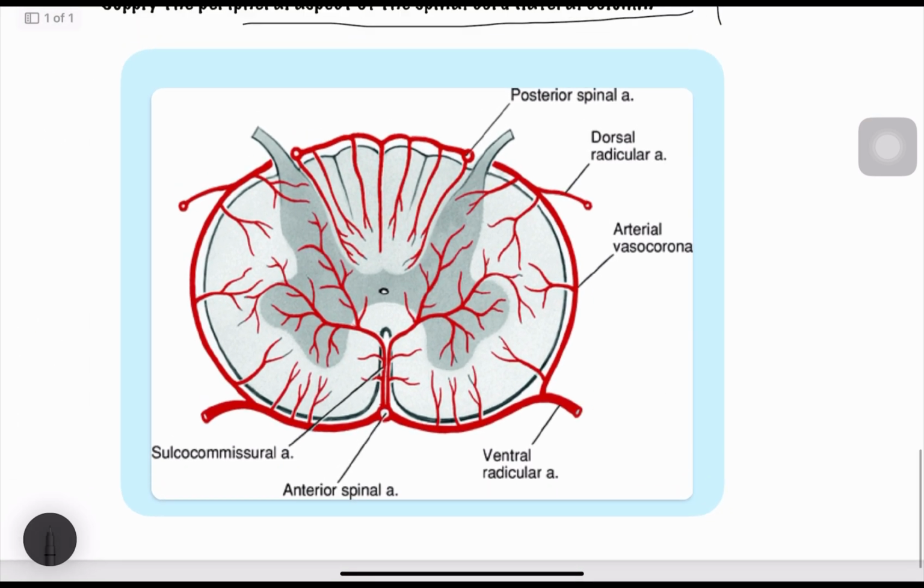In this picture we can see the anterior spinal artery running along the anterior median fissure, and the posterior spinal arteries in the posterior lateral sulcus. This is the radicular artery which is reinforcing the blood, and this is another radicular artery. This could be the posterior and this could be the anterior radicular artery coming from the segmental artery.